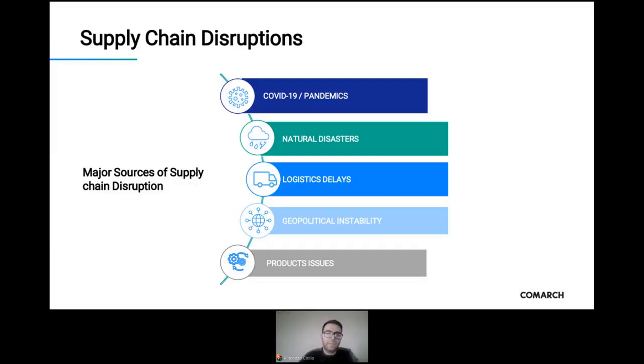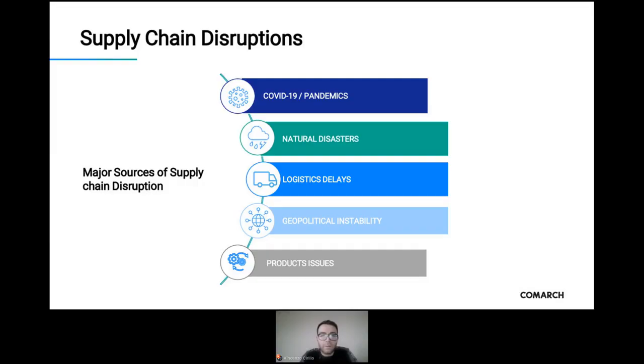Especially when intensified by other disruptions like geopolitical instability or military conflicts, as we have also seen in recent events with the consequences of the Russian invasion of Ukraine. As a result, thousands of supply chains had to close and were discontinued.